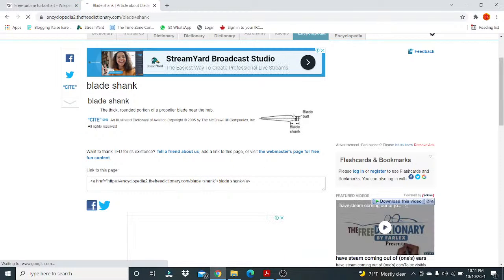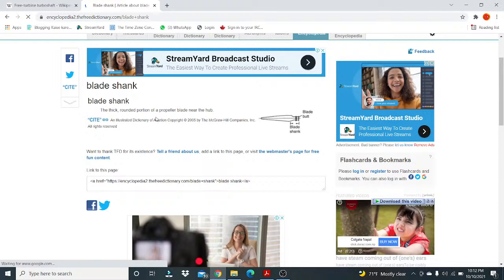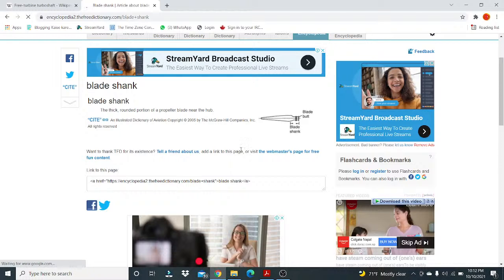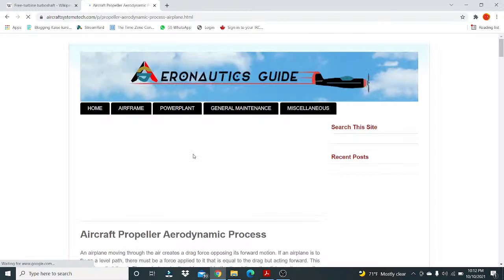Okay, I misunderstood. From here to here. The blade shank, the thick rounded portion of a propeller blade near the hub. So this one, from this side to this side to the butt of the blade, I suppose. Let me see another one.